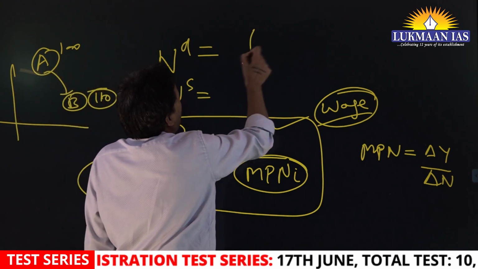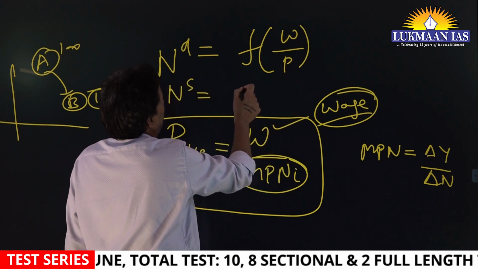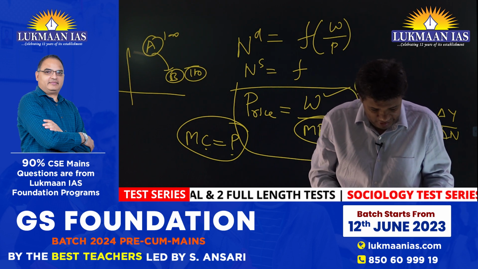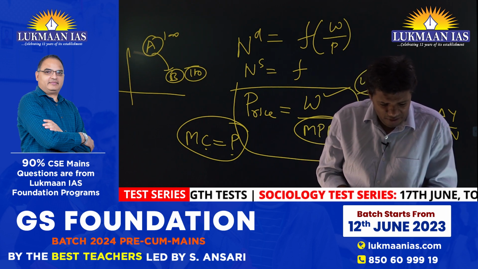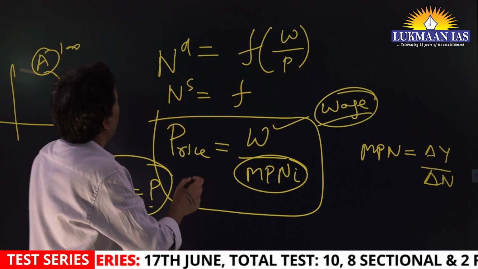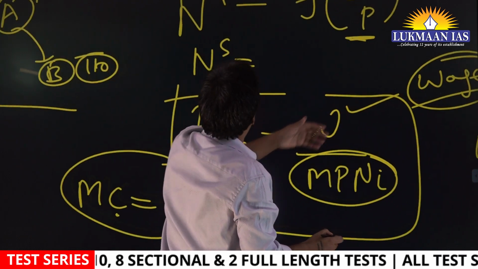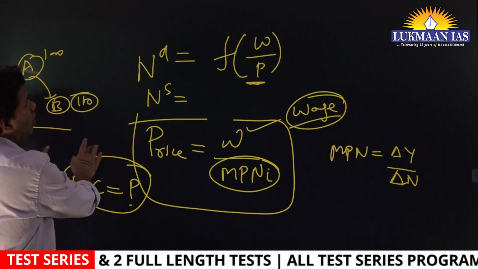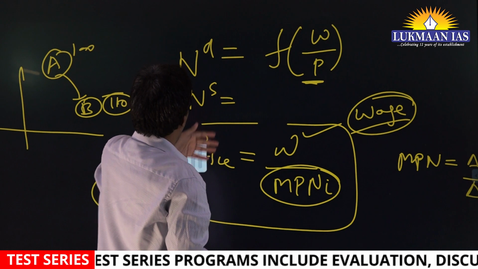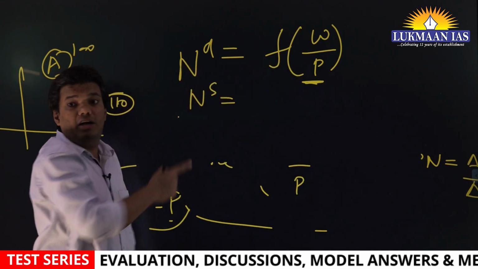And what is that? W upon P. Okay, just a minute. Let me see. I'm putting the negative here, and labor supply W. So this is your labor demand, right?